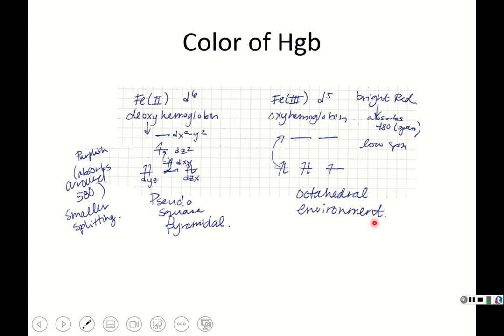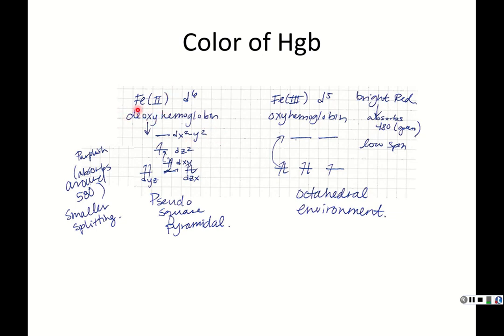And if you think about the color of hemoglobin, when you have deoxyhemoglobin, so without oxygen, you think about the blood in your veins coming back to your heart, it looks kind of bluish, because there's little oxygen in it.